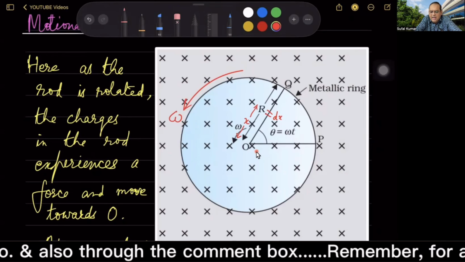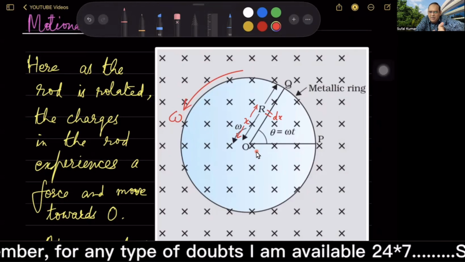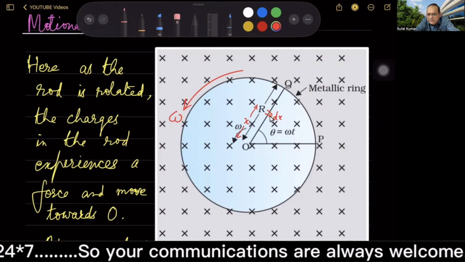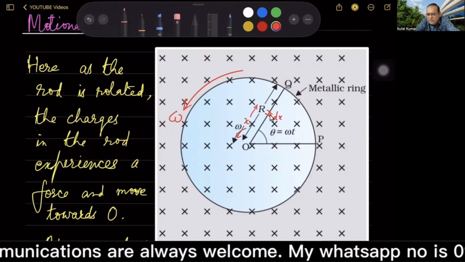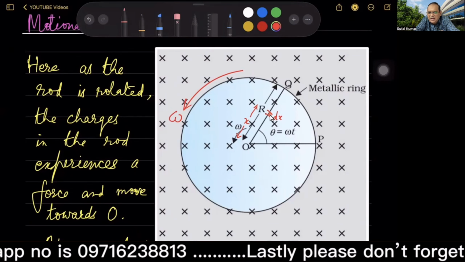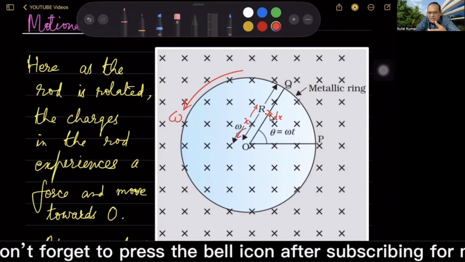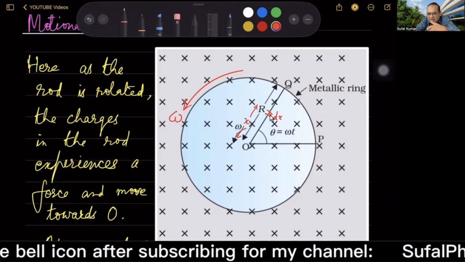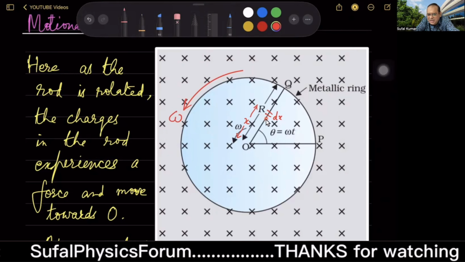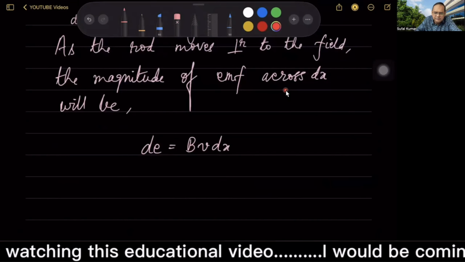Omega is the angular velocity with which the rod is being rotated about O. Firstly, I am to consider this dx element. Because of this dx element, we'll have a very small induced EMF dE. So I intend to write the expression for dE first, then afterwards we'll integrate that dE, and the limit would be 0 to capital R.